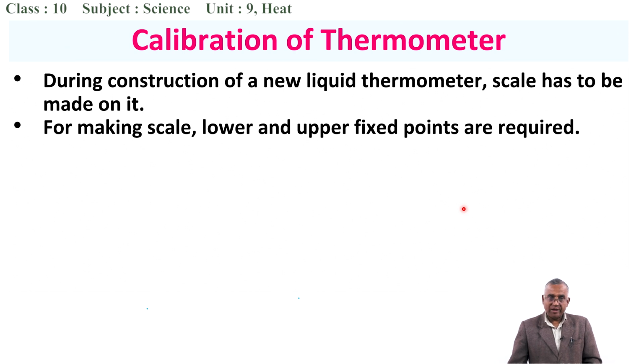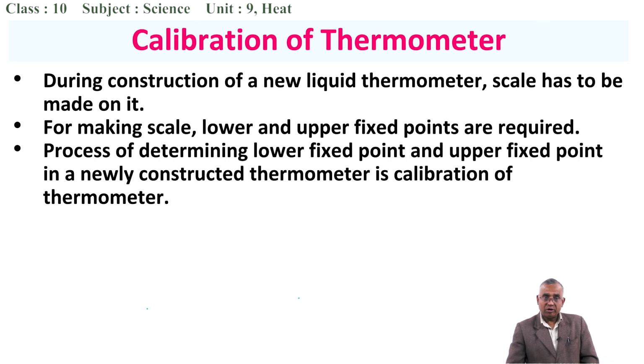Yes, for making a scale, lower and upper fixed points are required. Remember, what are the points? Lower fixed point and upper fixed point, 2 points. About these points we will discuss later. The process of determining the lower fixed point and upper fixed point in a newly constructed thermometer is calibration of the thermometer. So the process of determining these 2 points, lower fixed point and upper fixed point. As I told you, we will discuss that. What are they?